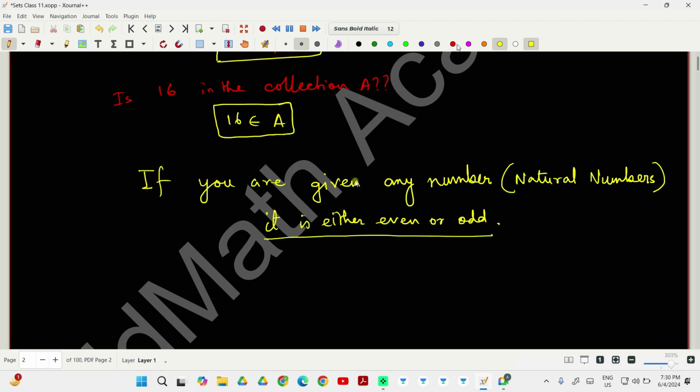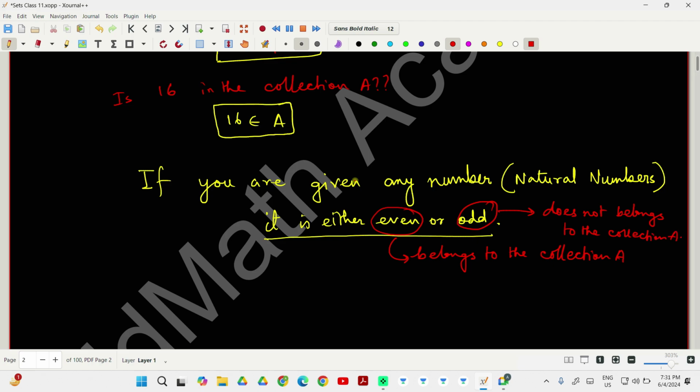So if it is even, then it belongs to the collection A. And if it is odd, it does not belong to the collection A. Is there any ambiguity about whether the number is in the collection or not?